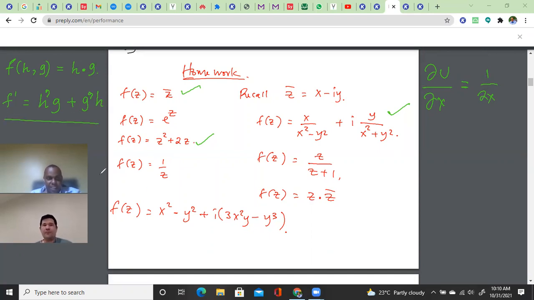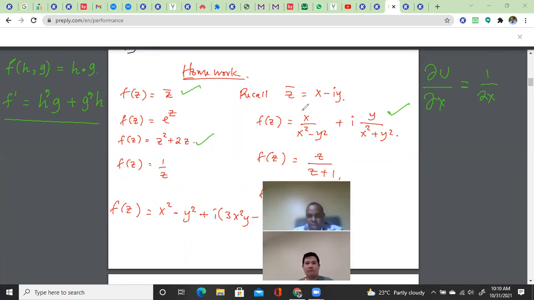Okay. So look at this function u. It's a combination of two functions, which we could say u equals x multiplied by the function (x squared minus y squared) to the power of -1. You agree? Yes. So you find the derivative of the first function, 1, and keep the second function, (x squared minus y squared) to the power of -1.